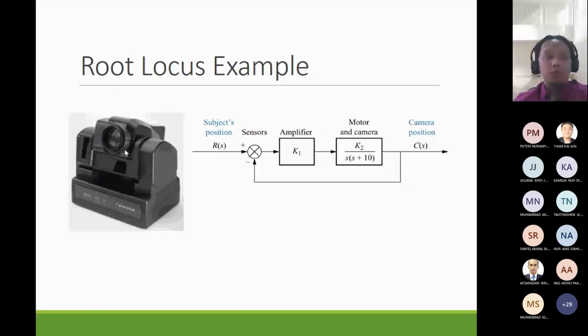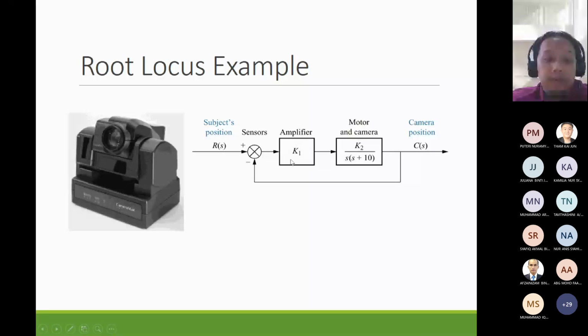Usually when the person is moving, we will put markers on the body of the person to indicate the motion of each joint. The camera will detect these joints and then measure the position of each joint. The control system for this camera can consist of an amplifier, which tries to strengthen the signals measured from the camera.